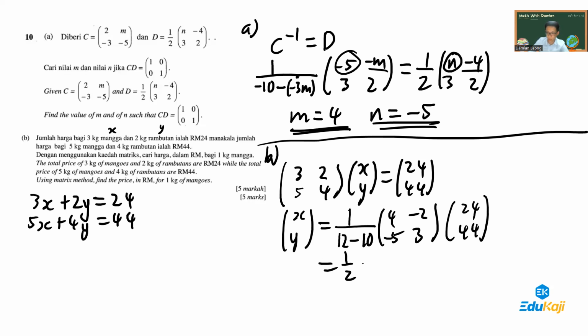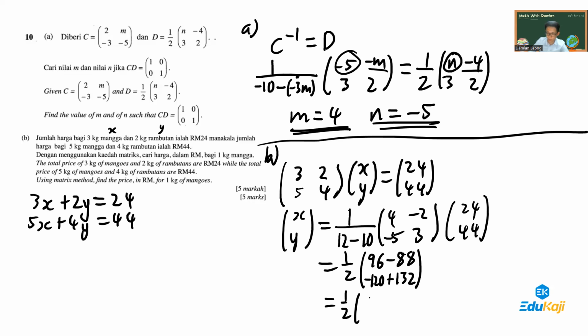So this is 1 over 2. Multiply these two matrices. First one follow row, second one follow column. First row, first column: 4 times 24, 96, plus negative 2 times 44, minus 88. Negative 5 times 24, negative 120, plus 3 times 44, 132.